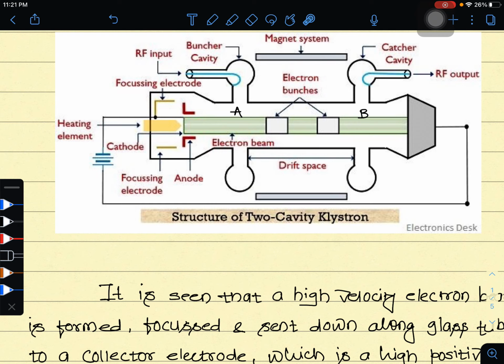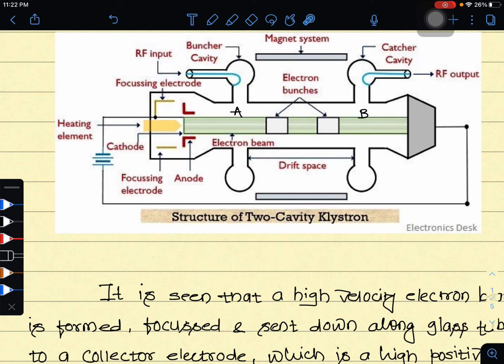Now we understood the frequency, but what about the amplitude? The amplitude of this RF potential between the grids is determined by the amplitude of the incoming signal of that amplifier.